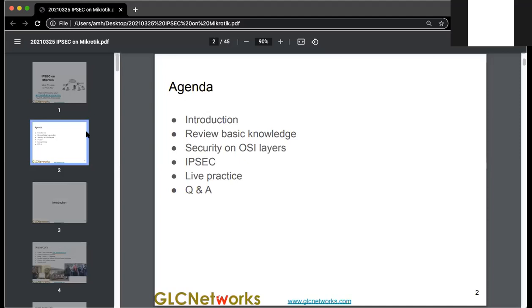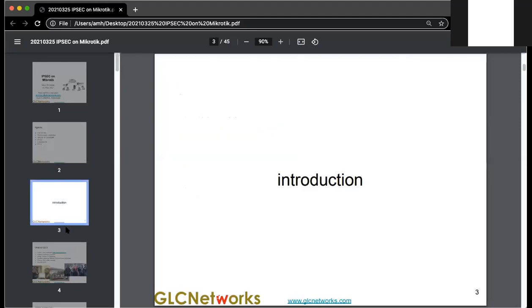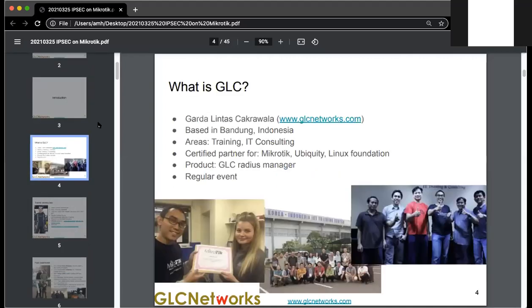Otherwise, you will get lost with the configuration because there are lots of them. So first we talk about the basic knowledge that we assume you already have, and then about the security, and then the IPsec.